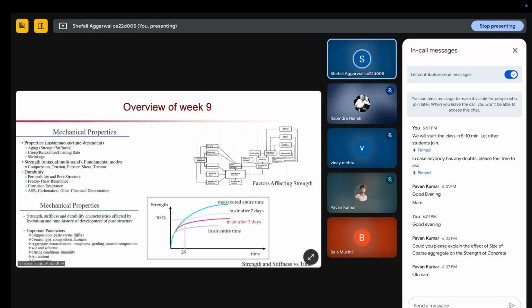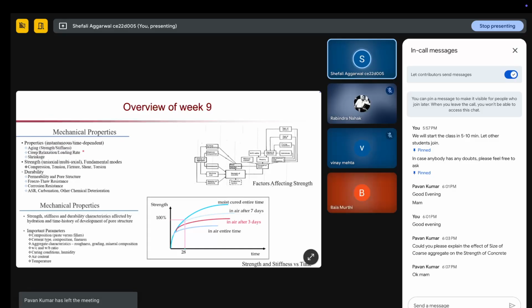If we talk about hardened concrete, the first thing that comes into everyone's mind is the mechanical properties of concrete. In mechanical properties, we are dividing it into three parts further. First is instantaneous or time dependent properties, like strength, stiffness, then creep, shrinkage.